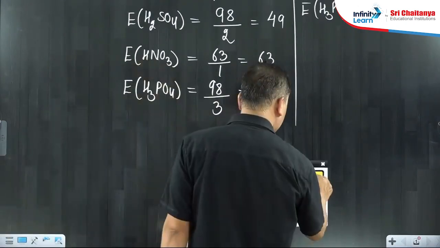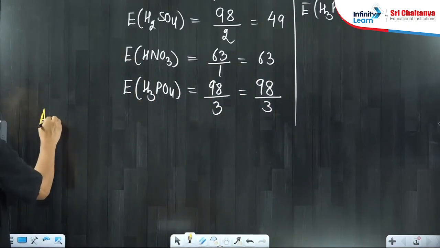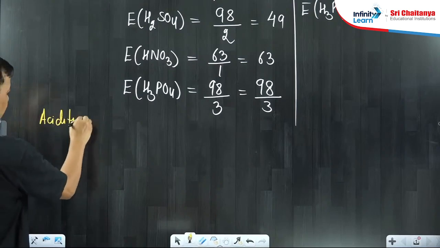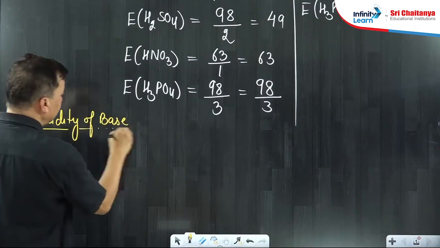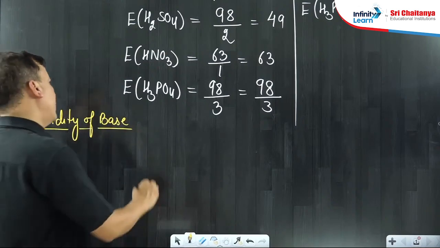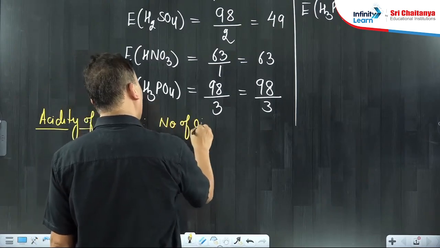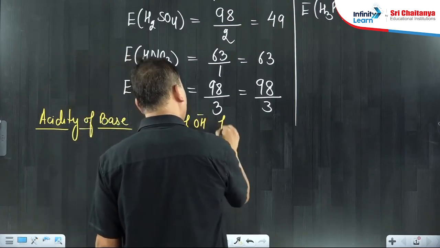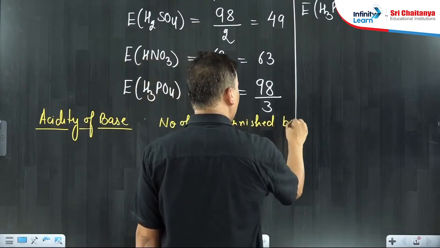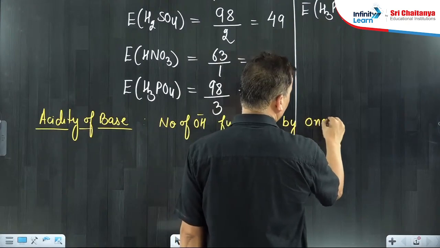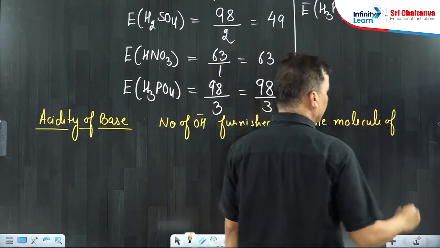So dear student, let us write for the base now, that is, the acidity of a base. Do you know what is the acidity of a base? It is the number of OH ions produced or furnished by one molecule of the base.